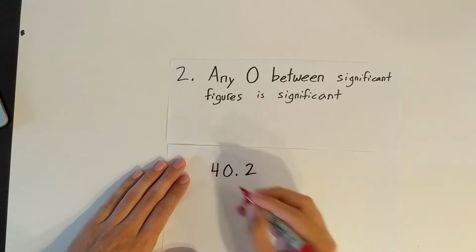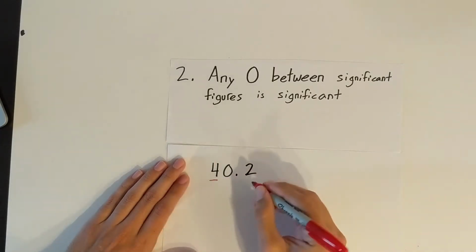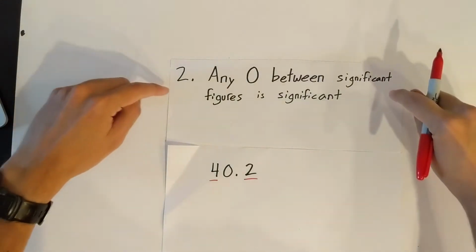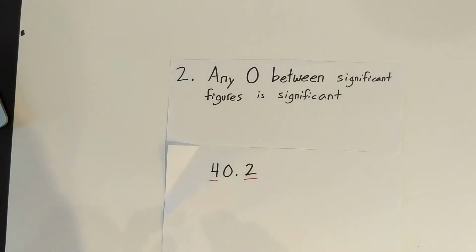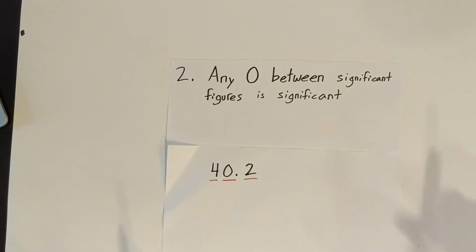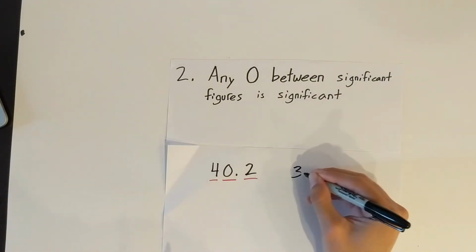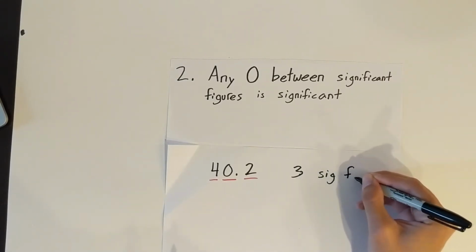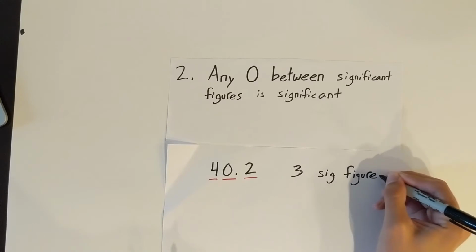And using our first rule, we know that 4 is not a 0, so it's significant, and 2 is not a 0, so it's significant. And now with this rule, any 0 between significant figures is also considered significant. So that will be 3 significant figures.